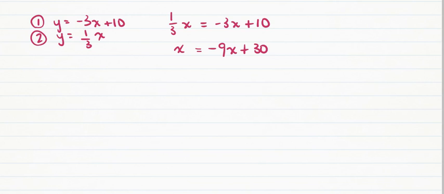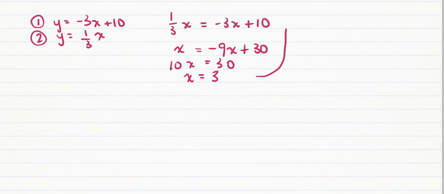Adding 9x to both sides gives me 10x = 30. Then dividing both sides by 10 gives me x = 3. So I know that the x-coordinate of the point of intersection is 3.